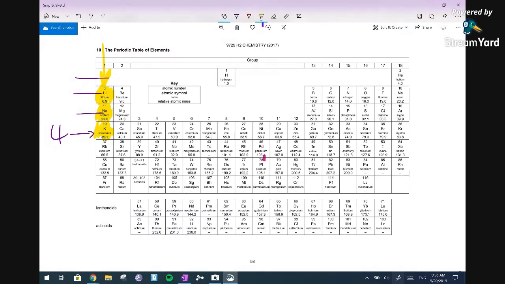Okay, folks, here's my question to you. How many electrons will oxygen lose or gain? Which one will it do? Will it lose or gain, and how many?